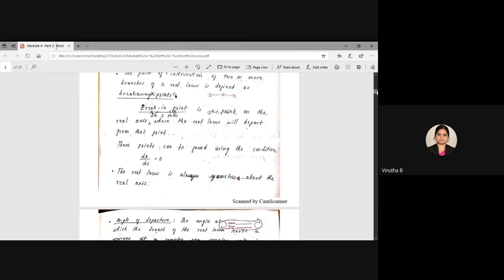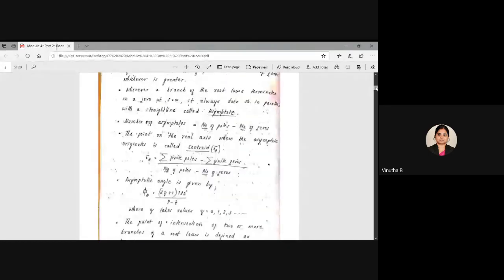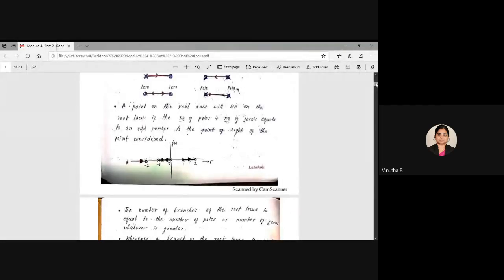Okay, just go back to that. Between two poles, they call this a breakaway point because it is moving away from each other, and between two zeros, it is called a break-in point.